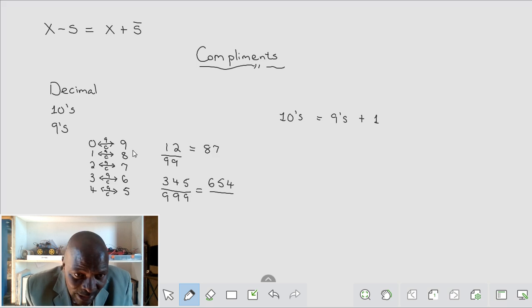I'm simply saying that if I take the same 0, 1, 2, 3, 4, and I want a tens complement instead, this would have been 9 plus 1.